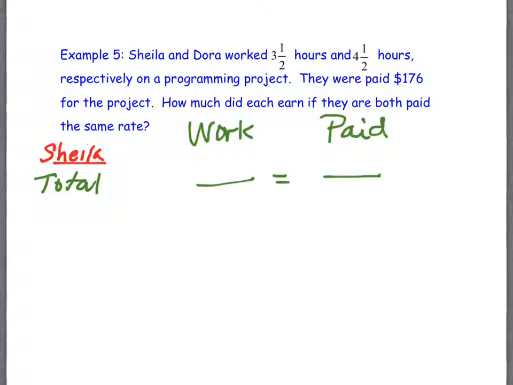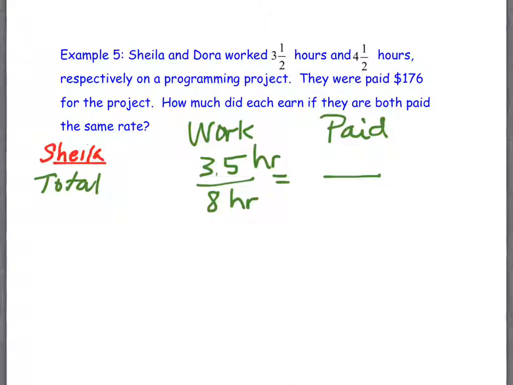So Sheila, like we said, worked 3.5. The total amount they worked, which is the 8 you came up with, would be the 3.5 plus the 4.5. That's 8. So 8 hours total was what was worked. 3.5 hours was what Sheila worked of that amount. Or if you use Dora on top, it'd be 4.5.